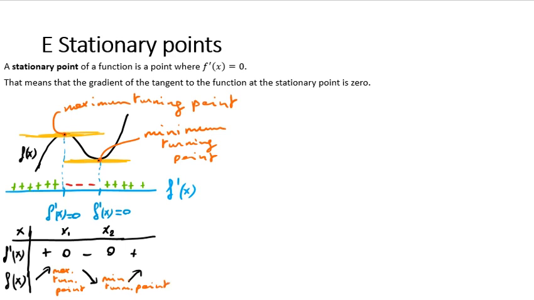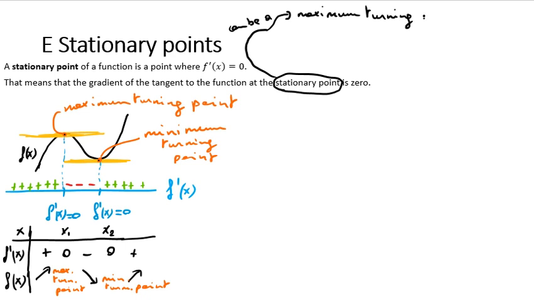So a stationary point can be a maximum turning point or a minimum turning point.